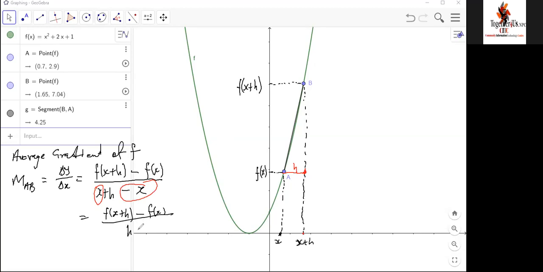That's it. So what we are going to do here is use this general formula to find an average gradient for any function at any given point, if you may like. Okay, so that's what we are actually going to do.